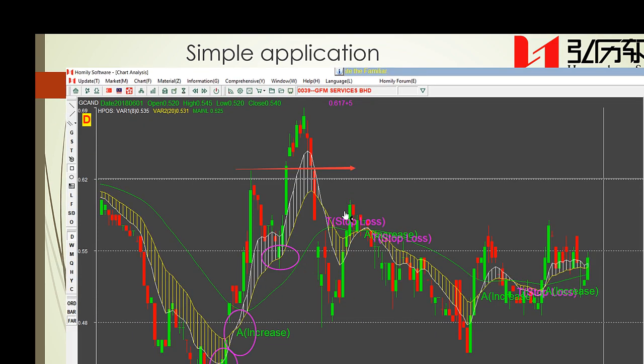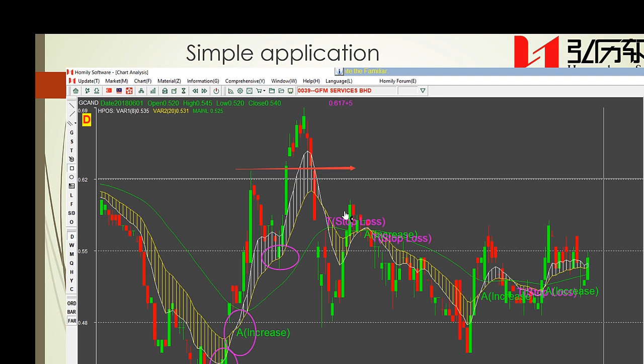And this one, we can see the price rebound and then touch the yellow line, get resistance, cannot break out, and after that it dropped to this area, and then it didn't hit a new low, right?